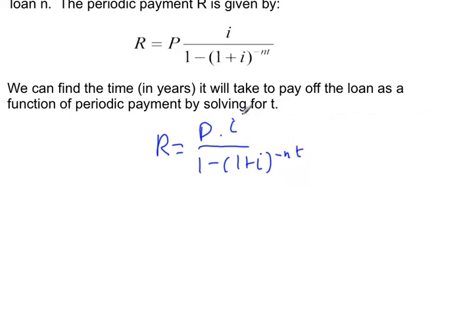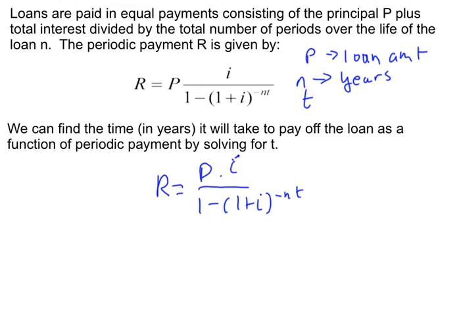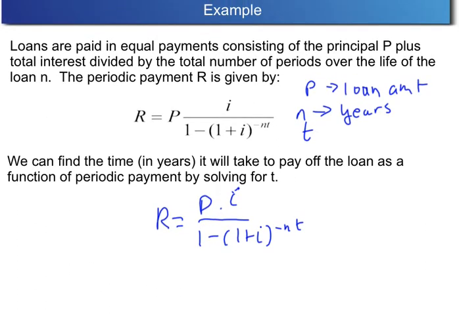Now, I want to define some things a little bit there. P is principal, that's the amount of my loan. N is years. Hold on a second. I believe N is compounding periods. Let's go back and look just a second.